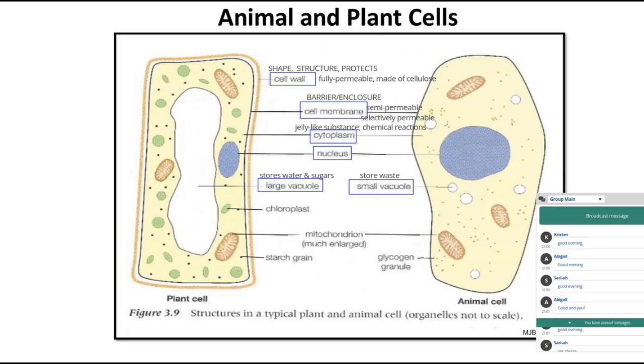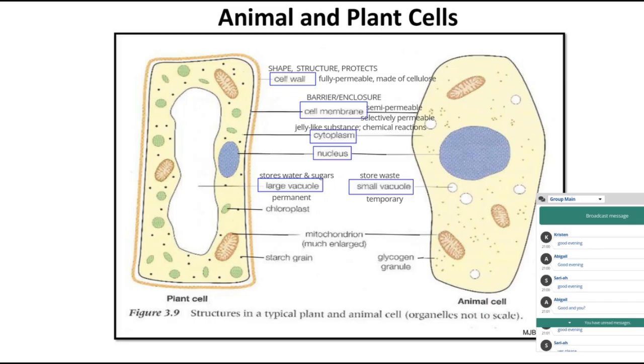So the large vacuole in the plant cell would tend to be more permanent. It's like a permanent feature in the plant cell. While in the animal cell, obviously it's smaller and tends to be more temporary. So you'll see more of them and you may see more pop up depending on how much waste is collected, but they will be temporary.